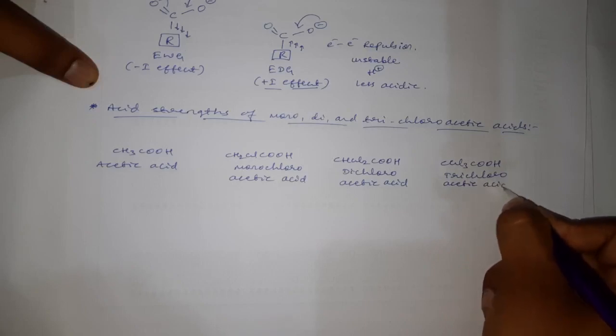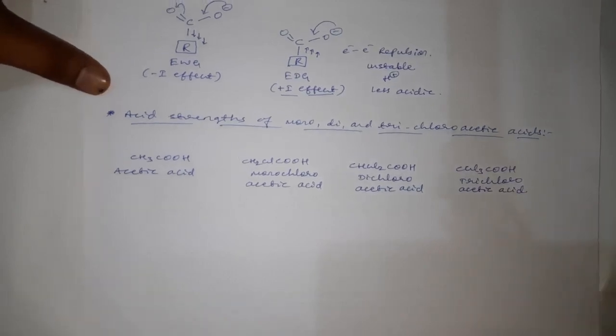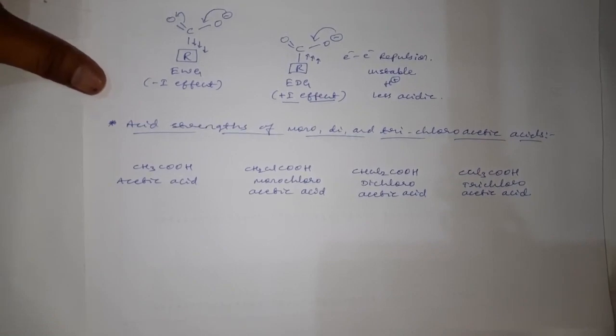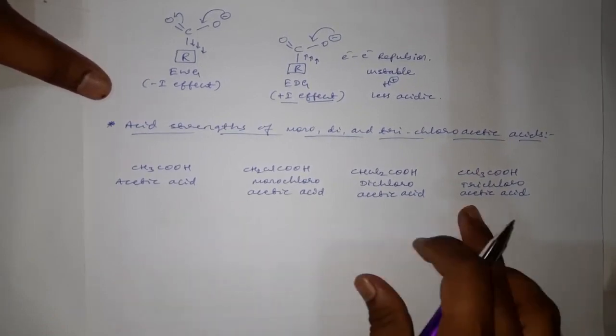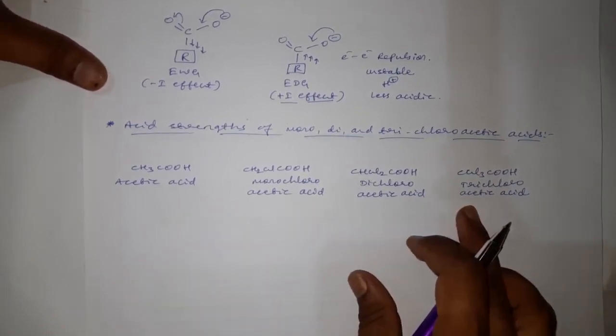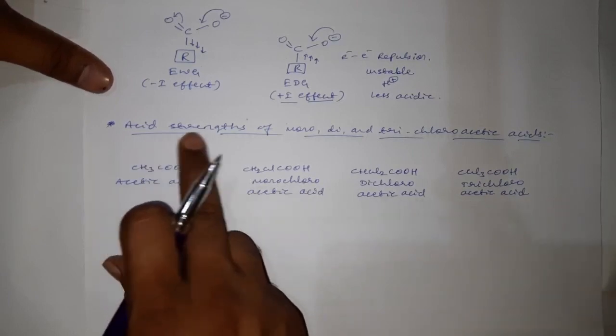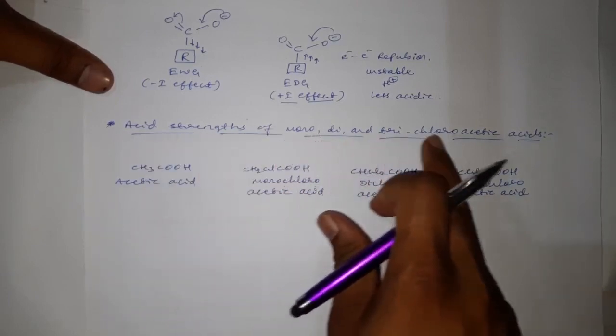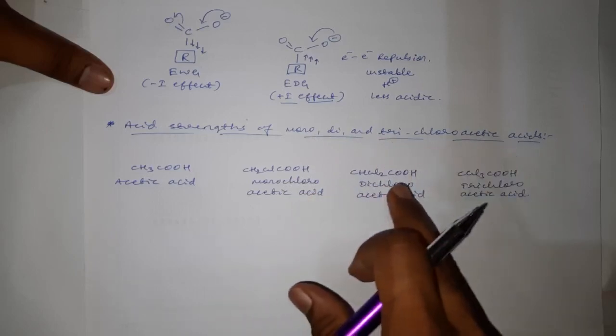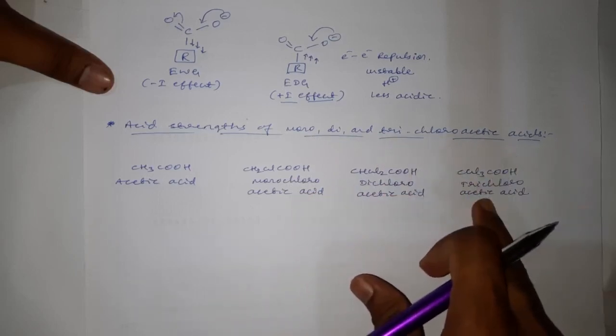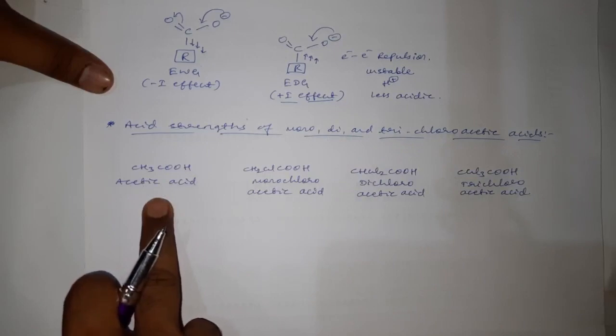Okay. Then now the question is, among these four, which one is more acidic, which one is less acidic? They are asking the acid strengths of mono, di and trichloroacetic acids, to compare with acetic acid.